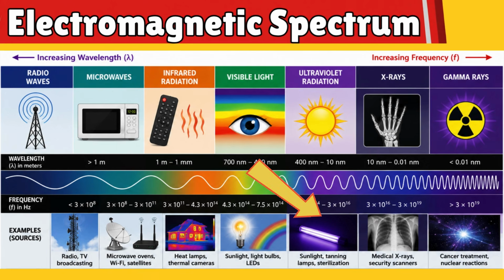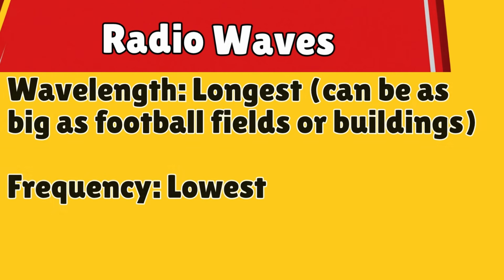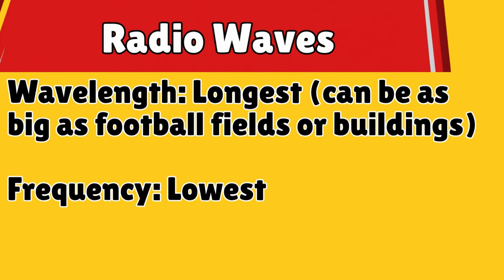For ultraviolet radiation, sunlight, tanning lamps, and sterilization. For X-ray, it is used in medical X-rays and security scanners, and for gamma rays, it is used in cancer treatment and nuclear reactions.